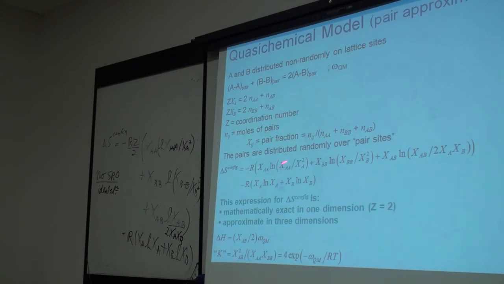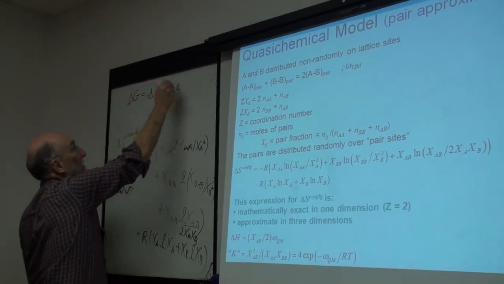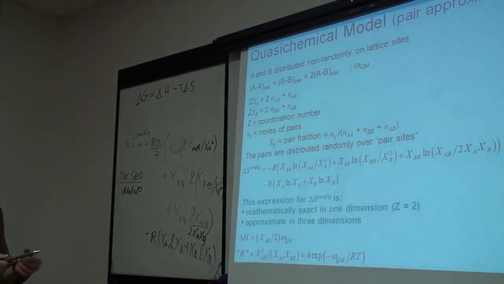Then once again, you do the same thing as I did in the associate model. Delta G is delta H minus T delta S. You use this expression for delta H and this expression for delta S. You see it's very similar to what I did for the associate model.